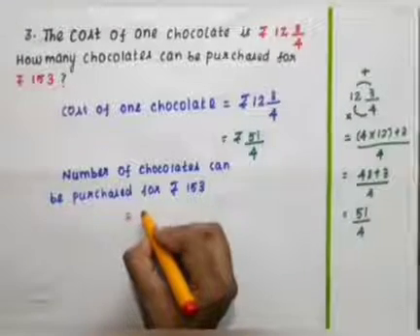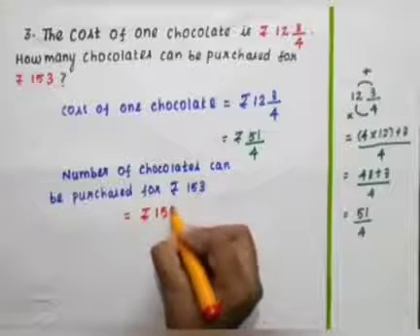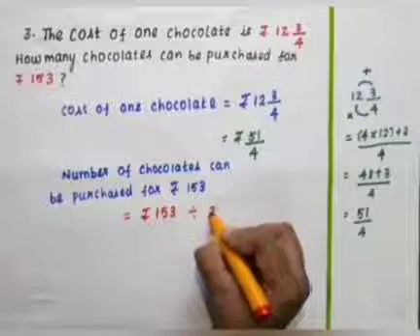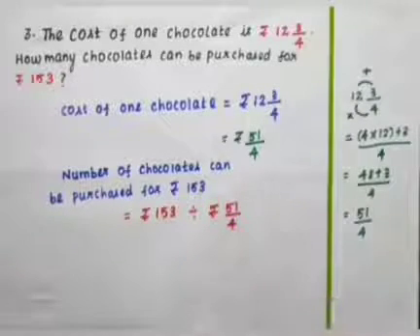The total cost is rupees 153 divided by the cost of one chocolate, rupees 51/4.